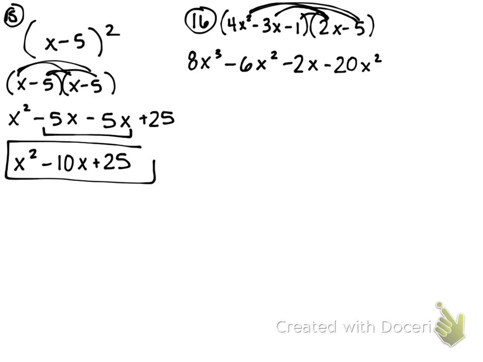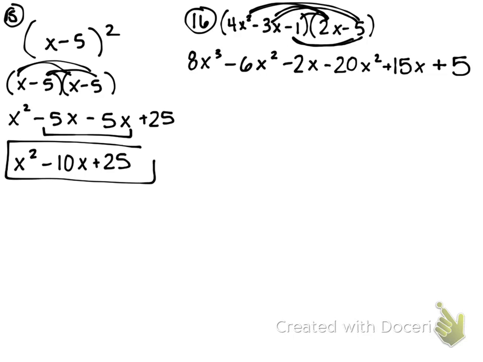Negative 5 times negative 3x. Uh-huh, which is? Positive 15x. Very good. Brandon, what do I do next? Where's the problem? Right here. Sorry, I'm trying to find it. So what's negative 5 times negative 1? Negative 5 times negative 1, that is positive.